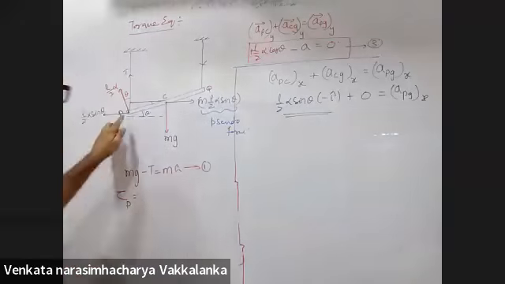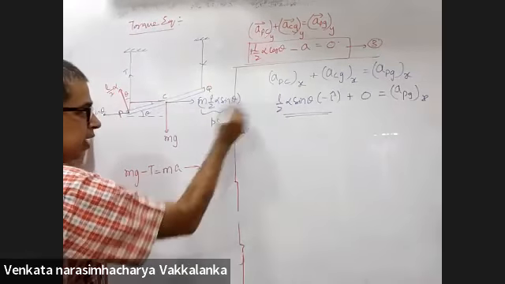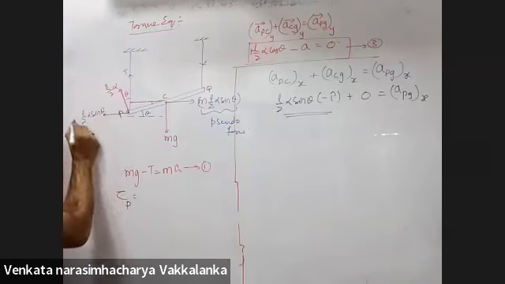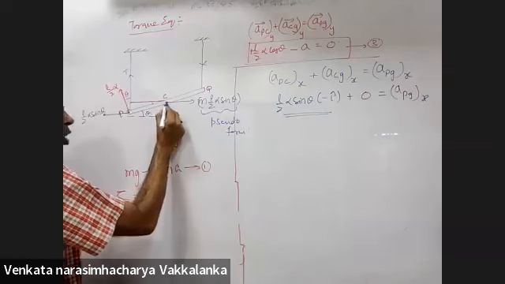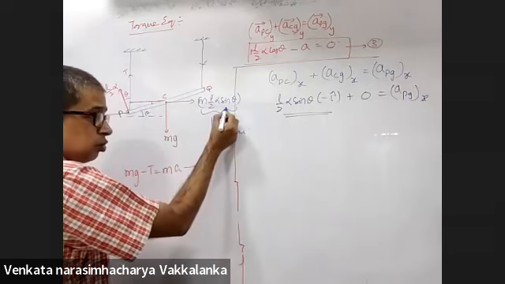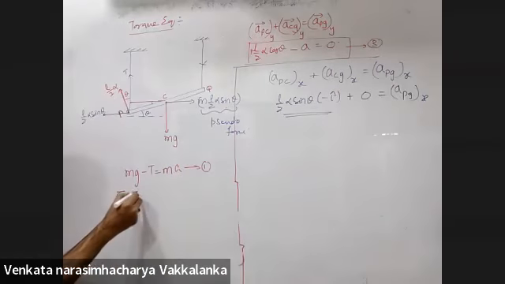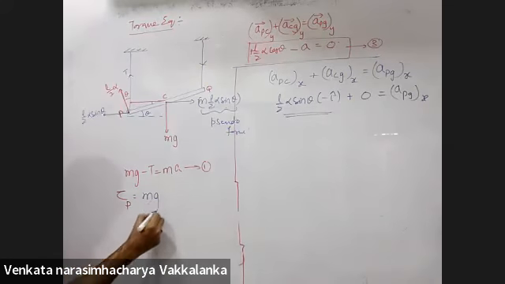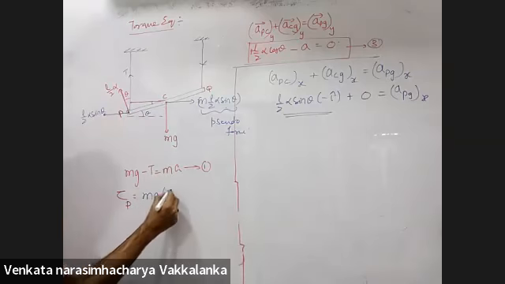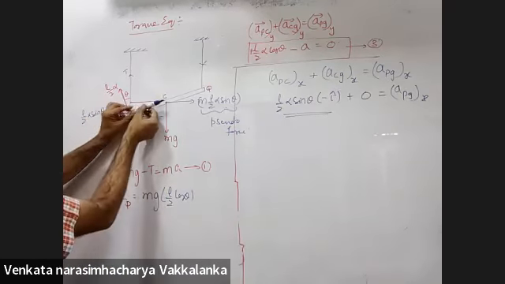X axis में it is accelerating to the left. Pseudo force on this should be taken to the right: mass of the body into acceleration of point P, opposite to the direction of acceleration of point P. This pseudo force went missing in your previous torque equation. When you took the torque equation, you took only mg into L by 2 cos theta. This is giving me clockwise.